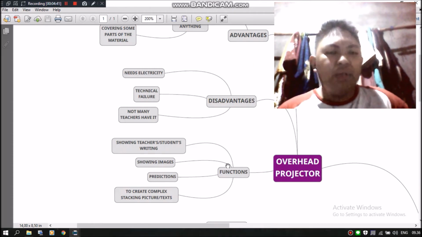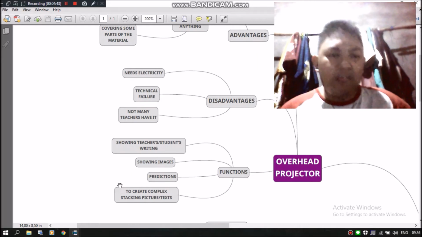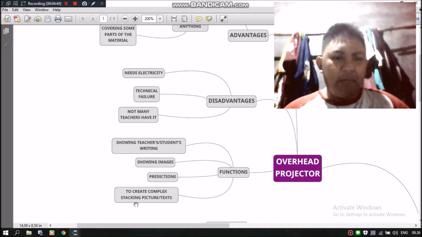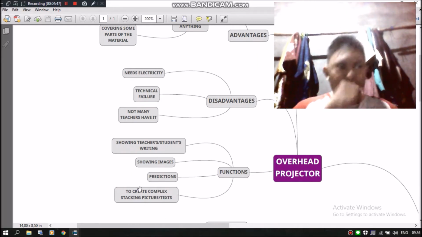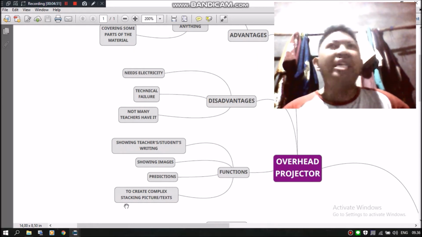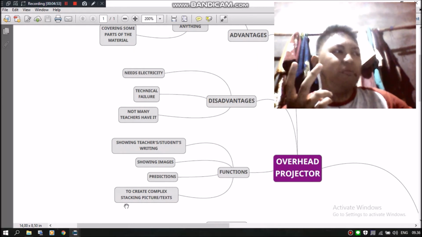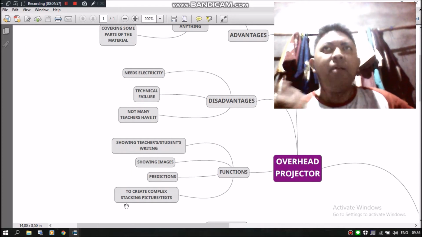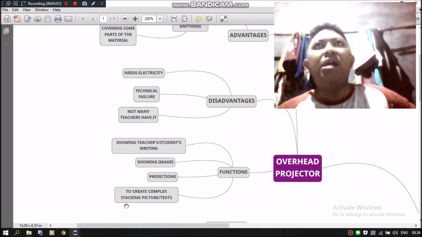And it can also be used to create complex stacking picture and text. Mostly it's used for complex subjects. For example, let's use it for English.